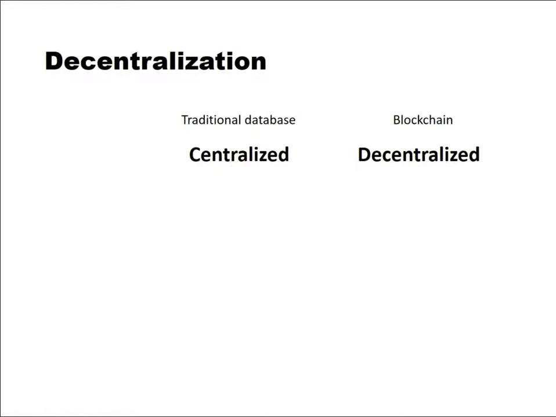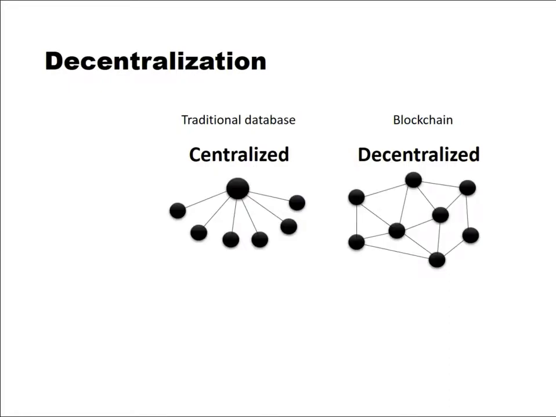Decentralization is another difference between traditional databases and blockchain. Broadly speaking, a blockchain is decentralized in terms of information storage and governance. Decentralized storage means that data is stored in multiple computers, or so-called nodes, in a network. In other words, every node in the network has a full copy of the entire blockchain.